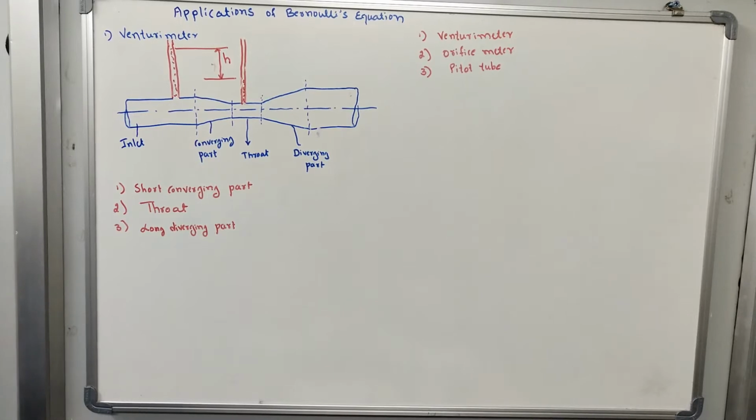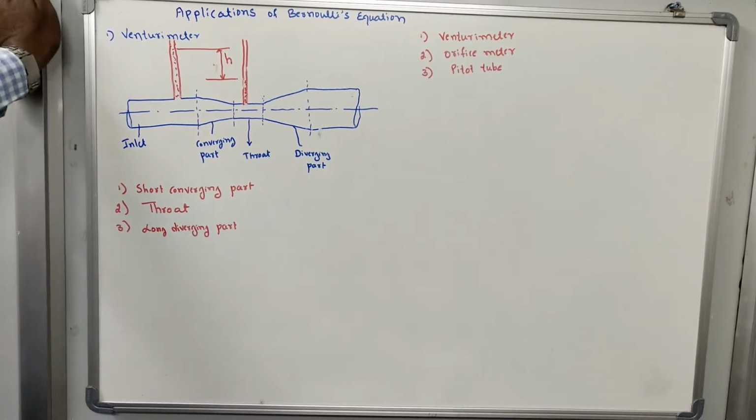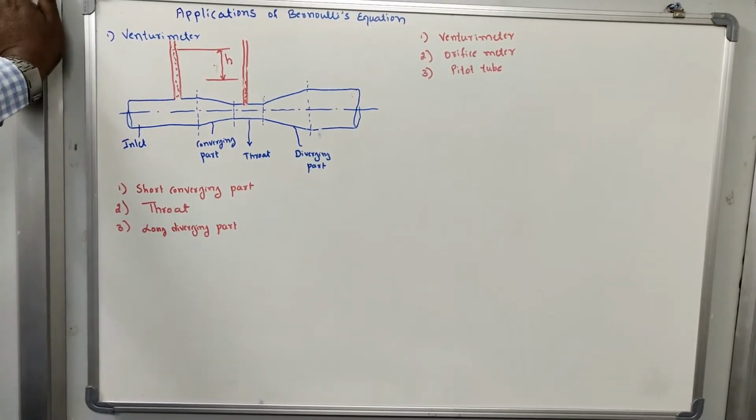Okay, students, in the earlier classes, we have discussed Euler's motion equation, that is the motion equation based on the momentum principle. Then we derived Bernoulli's energy equation just by integrating Euler's motion equation.